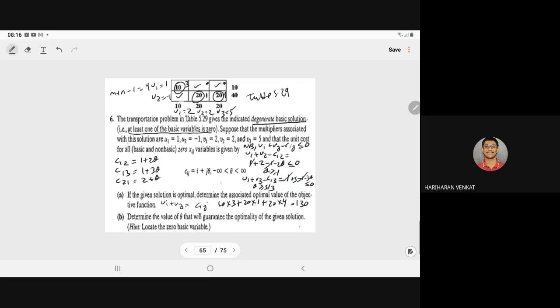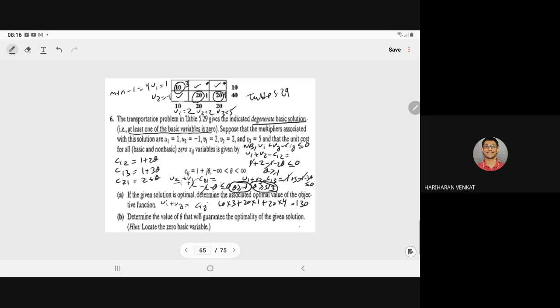Similarly, u2 plus v1 minus c21. u2 is equal to minus 1 plus v1, that is 2, minus 2 minus theta, must be less than or equal to 0. So theta must be greater than or equal to minus 1.